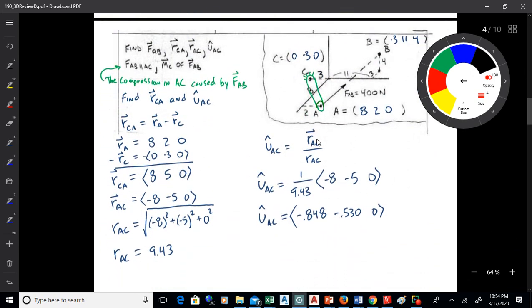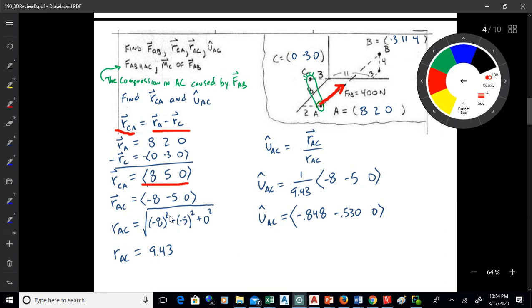All right, now we want to find out some things. So that's this force vector right here. Now what we want to do is get some information about this armature here, whatever this is that it's acting on, okay? So let's find the position vector from C to A. We'll take RA minus RC. We'll get 8, 5, 0. That's from C to A. So from A to C is the negative of that.